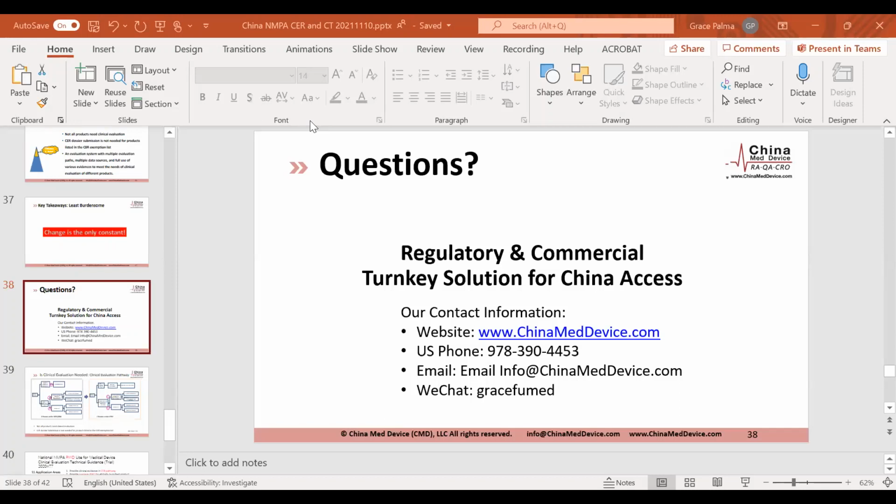There is a PSUR report for the post-market, and then clinical reevaluation is another scenario. So there's no clear-cut answer, depending on your product risk and whether it's a conditional approval. If it's a conditional approval, you're required to submit a post-market report, and you do it every 5 years at the submission time, or depending on your post-market situation. So there's no strict rule there. Then let's go to the next question.